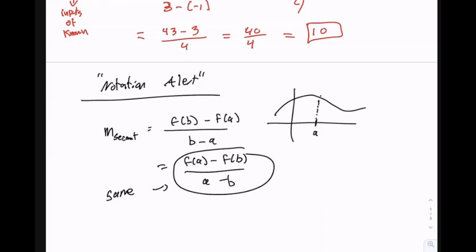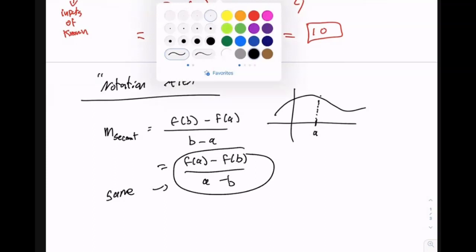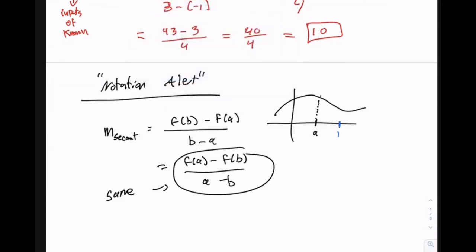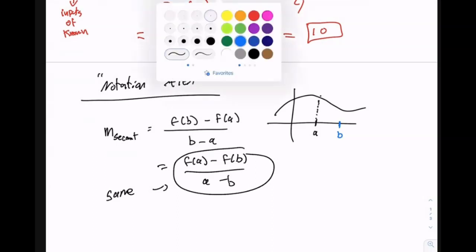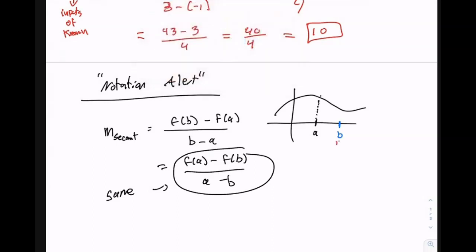So in calculus, oftentimes we don't call this value B. Instead, we call this A plus H. And in some textbooks, the H is written as a delta x.